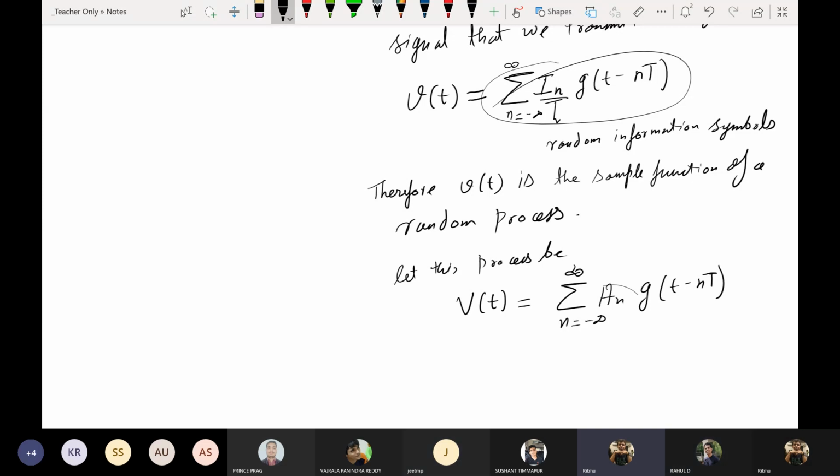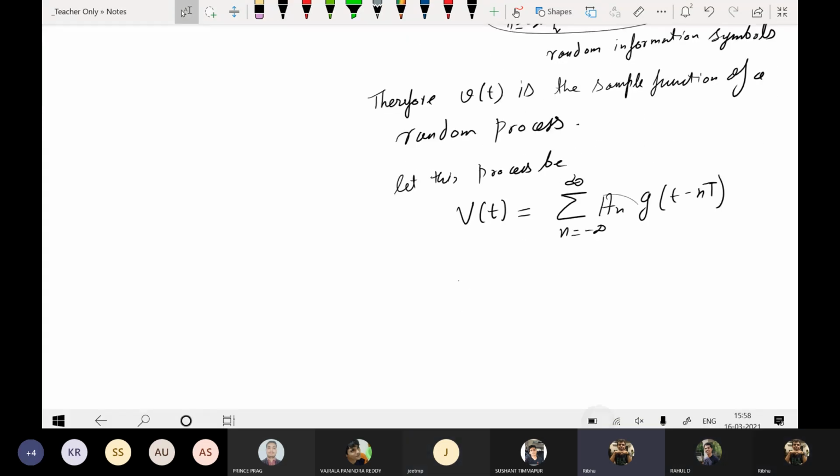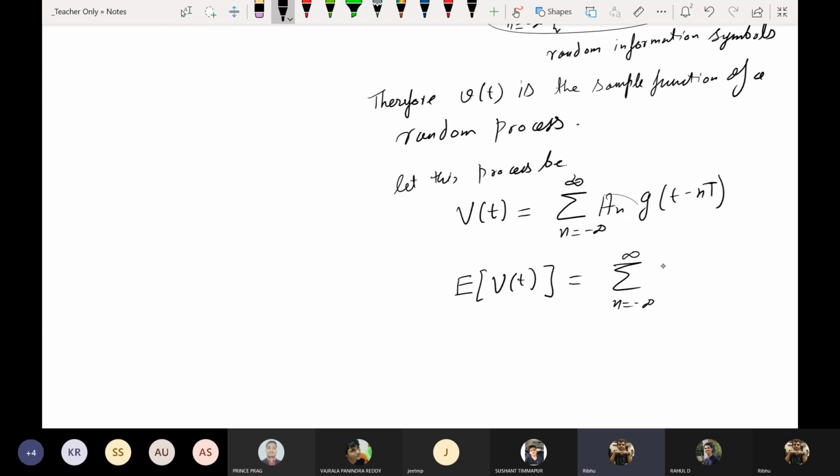So now this g is a deterministic signal. The only thing random over here is A_n. So summation and expectation are both linear operations.